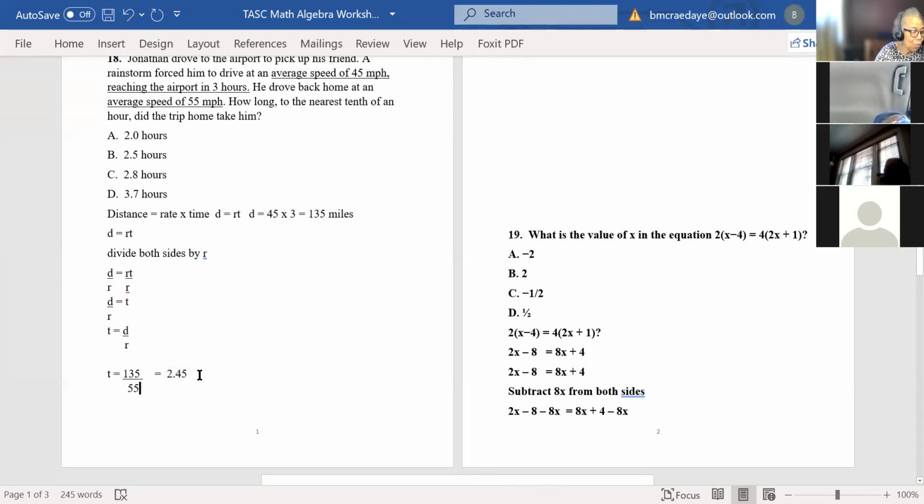Okay, so 2.5. And that would be hours, because that's the time. Miles divided by miles per hour would give you hours. So the answer would be B. Answer would be B. Okay.